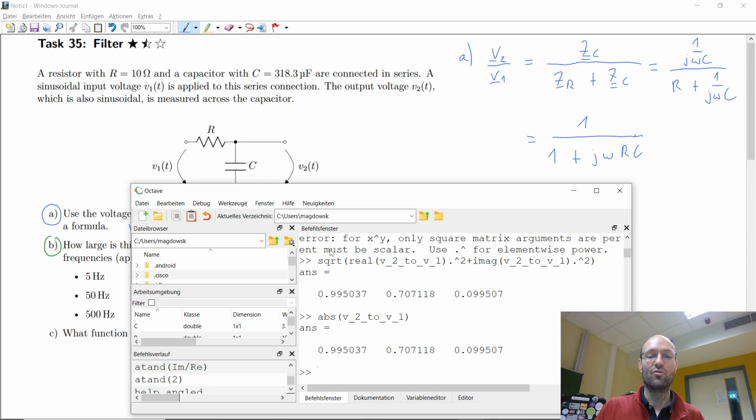Okay, so the magnitude looks like that. For this frequency, it's almost 1. For this frequency, it's 0.7 something. And for this frequency, it's kind of small.